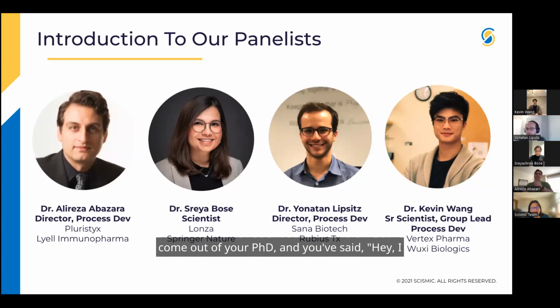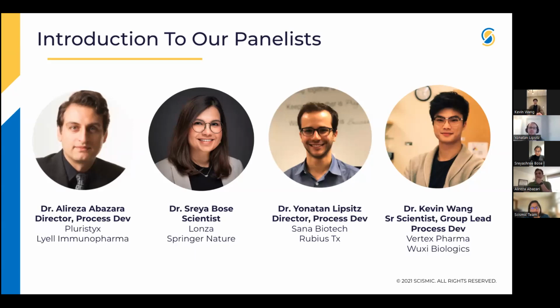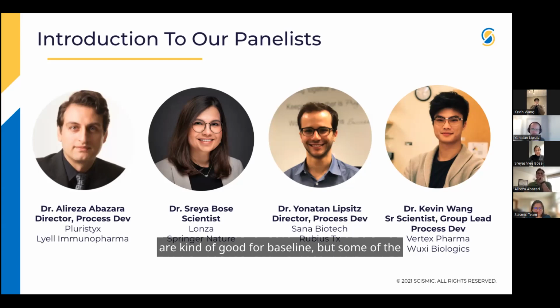If you have come out of your PhD and you said, hey, I did a portion of my PhD applying those things to a bioreactor culture, I understand bioreactor control, scale-up parameters, oxygen flow rate calculations, any of those various things, that sets you apart from the pack, from the people who have done the basic science PhDs that are harder to understand if they're going to be a good fit. Does that make sense? So you have some basic skill sets which are good for baseline, but some of the more specific skill sets could add value to your CV.